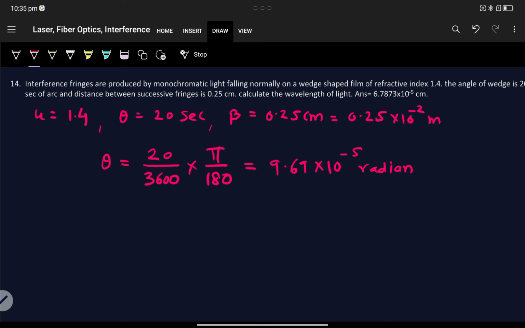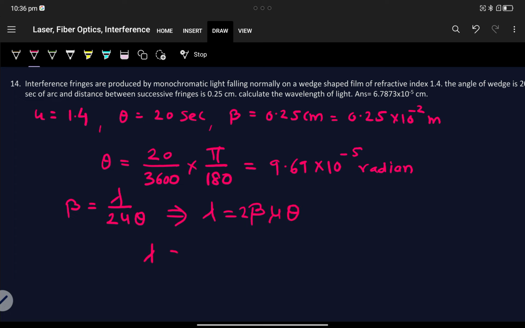Now we know the formula: fringe width beta equals lambda upon 2 mu theta. Our aim is to find the wavelength, so I'll be writing wavelength is beta into 2 mu theta.